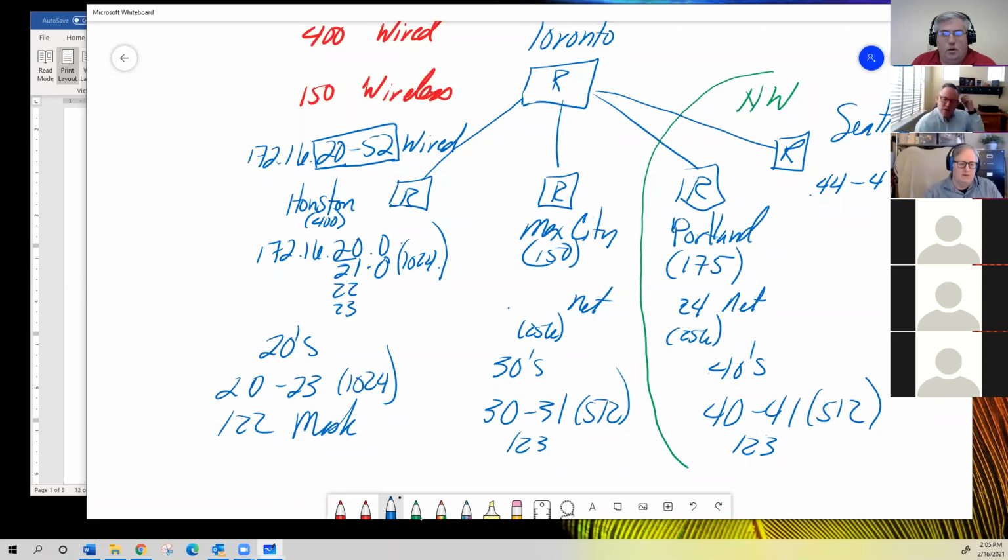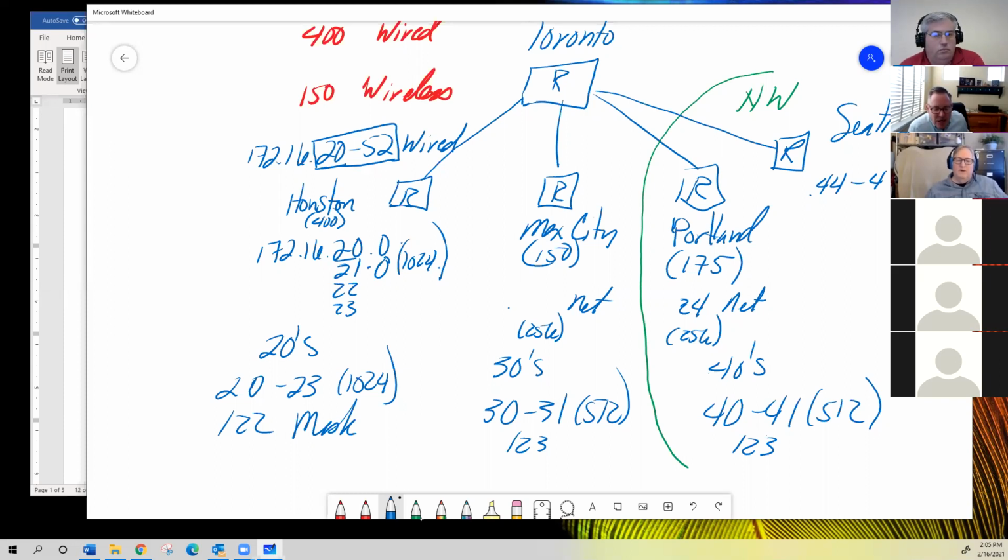Okay, so a lot going on there, but let me try to knock out some of these. When you do that ipconfig and see what IP address and mask you have, those two determine your subnet, and your gateway.